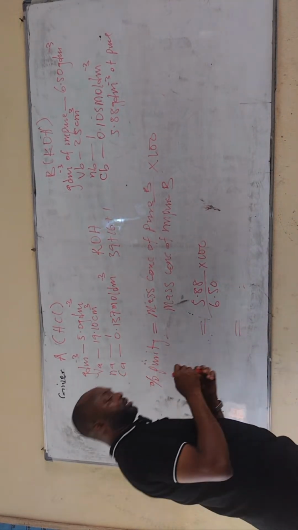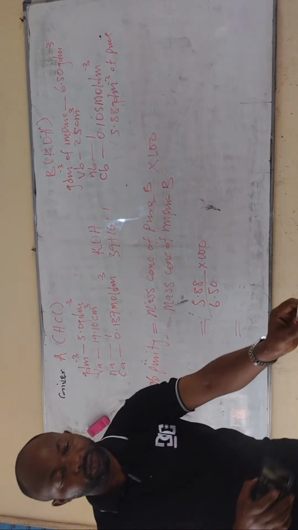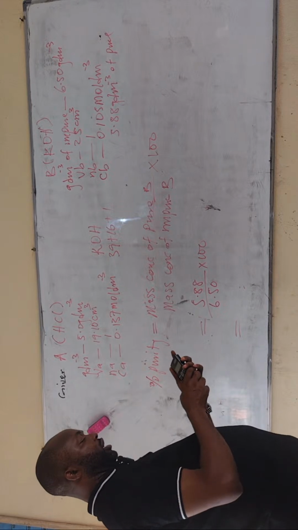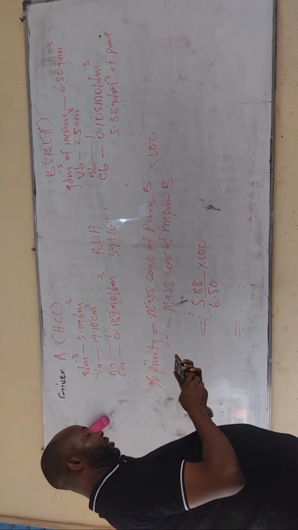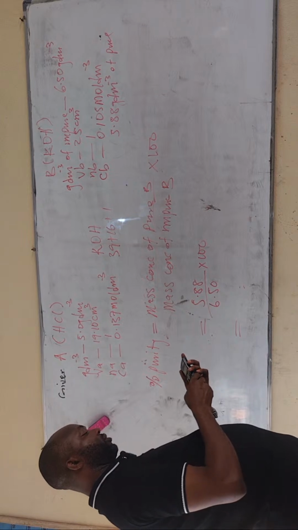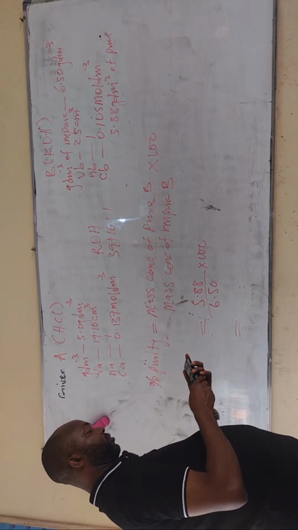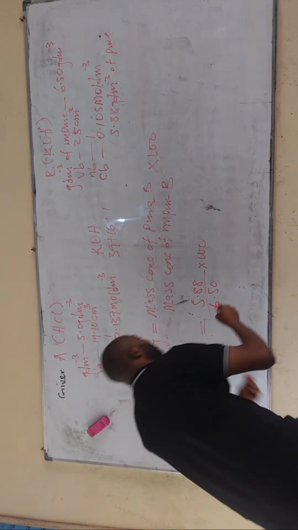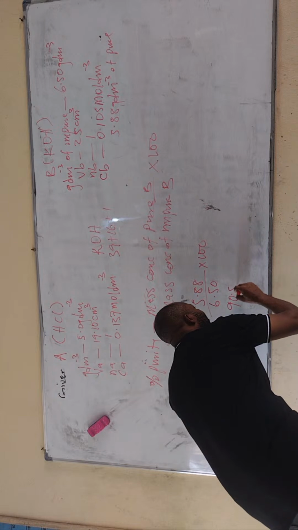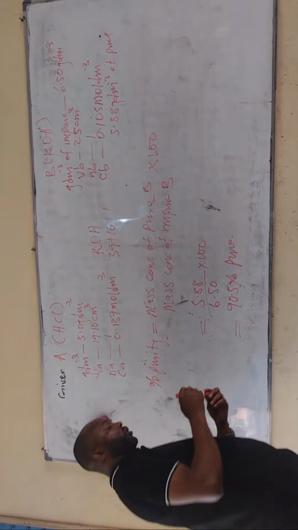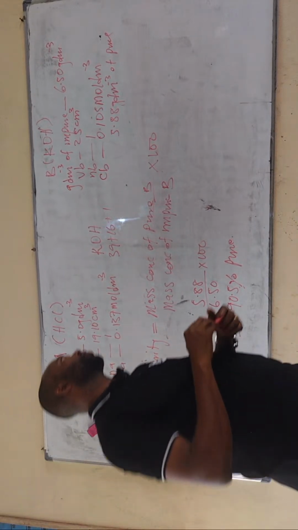And this is equal to 5.88 divided by 6.50 times 100, which is 90.5% pure. We're looking for the percentage purity, and that is what we have.